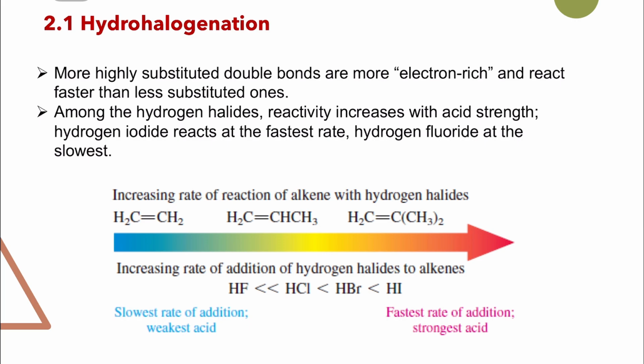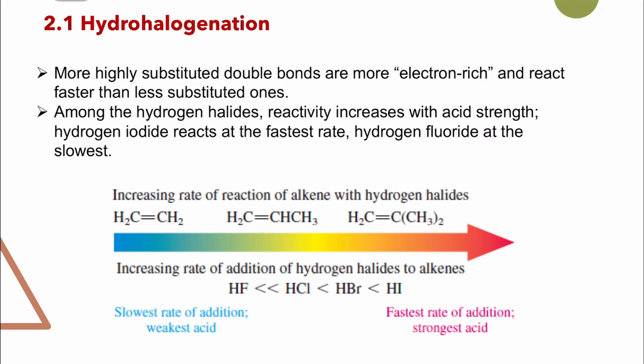In hydrohalogenation, the rate of the reaction will depend on the nature of the alkene and also on the nature of the hydrogen halide. So the more substituted double bond will be more reactive because it's going to be more electron rich.